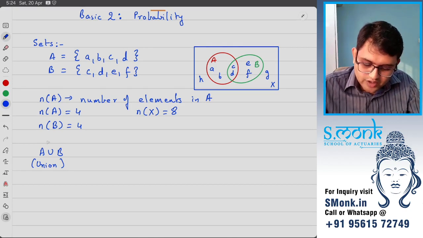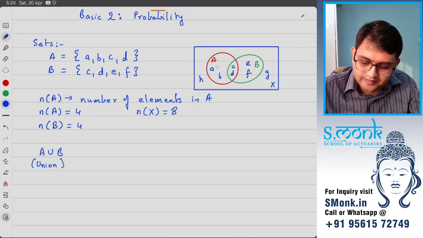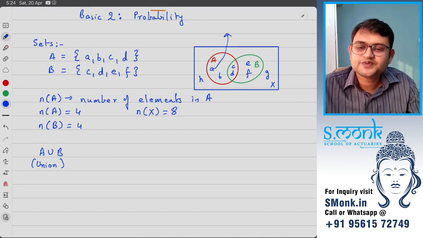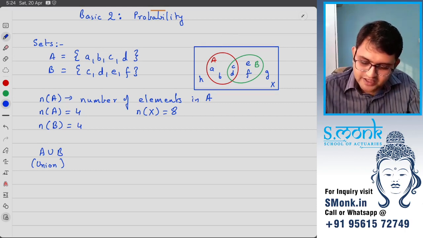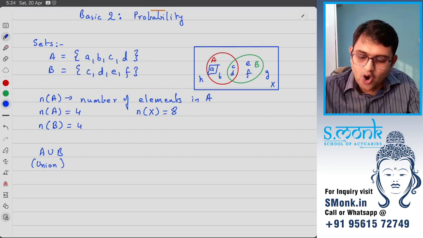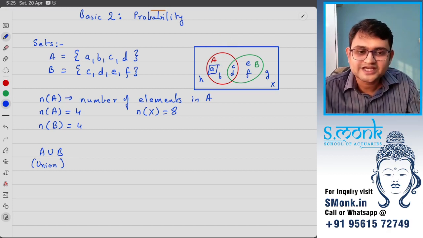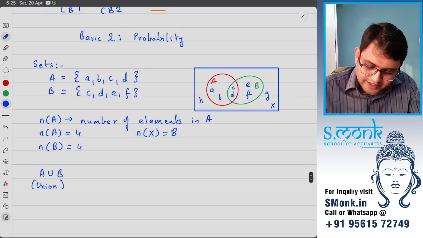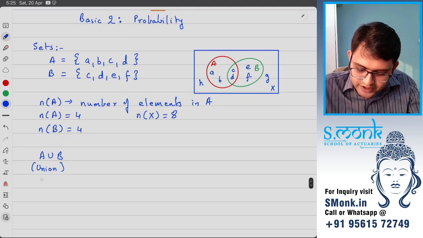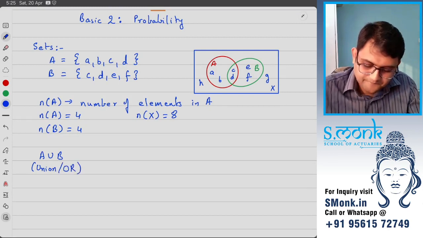So if I am talking about an element that is present in the union of A and B, how would I say it? I'll say the element is present in set A or set B. So in the English language, union represents or.